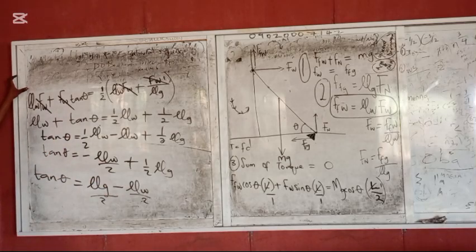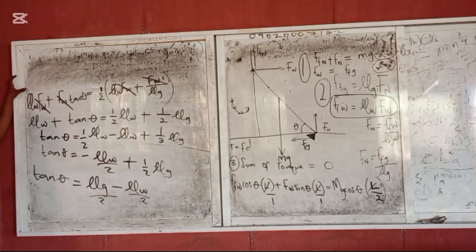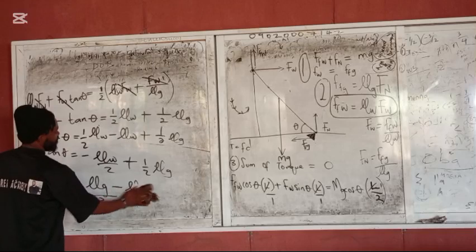In the question they gave us the coefficient of friction on the ground, and they also gave us the coefficient of friction on the wall. So when they gave us coefficient of friction, it is 1 over 2 UG. Yes, that is half UG.